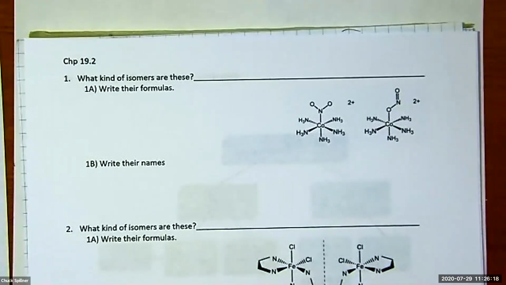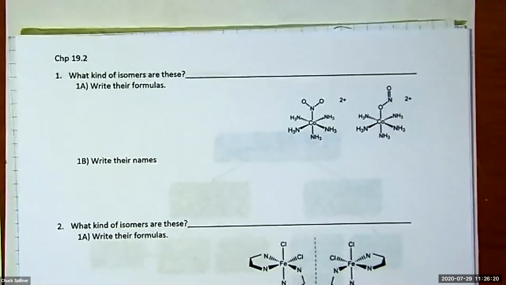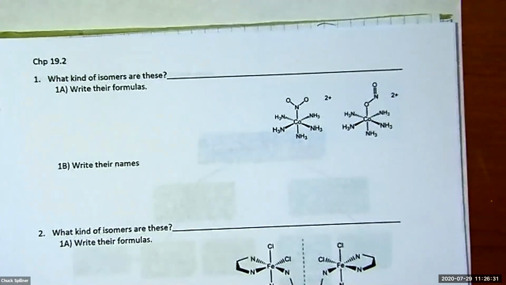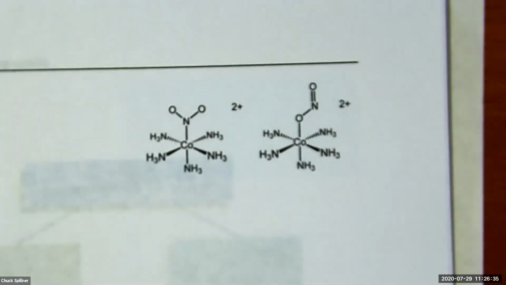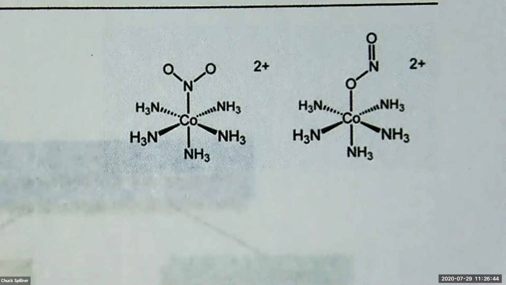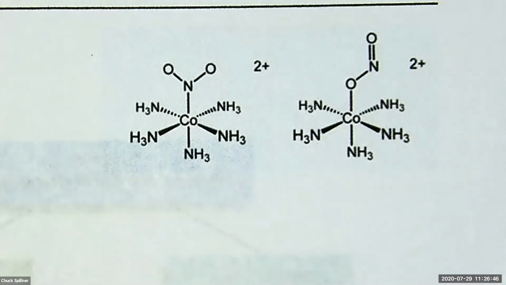So problem 1, it says, what kind of isomers are these? Let's look at those. In this case, we have ammonia ligands, and a nitrite ligand.